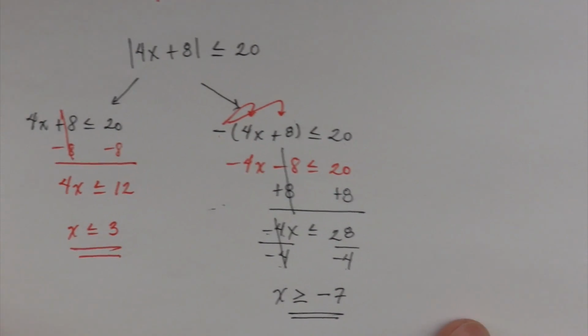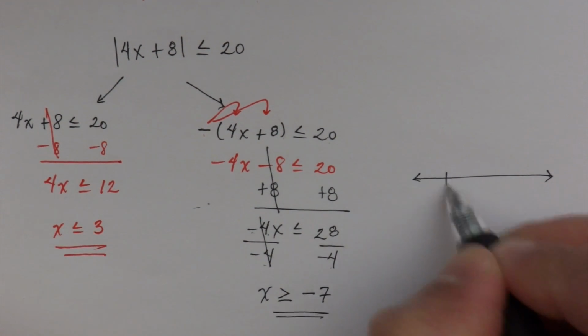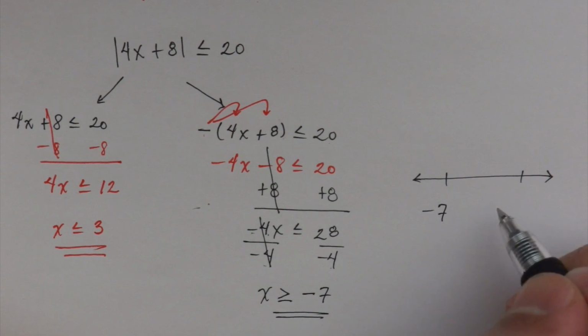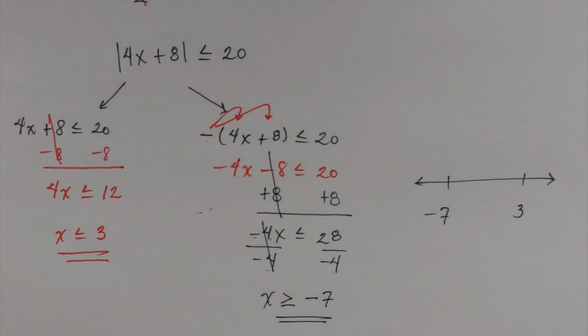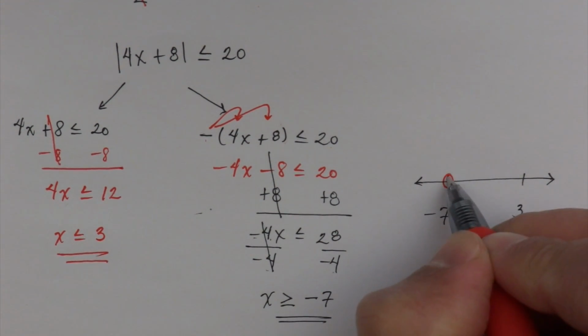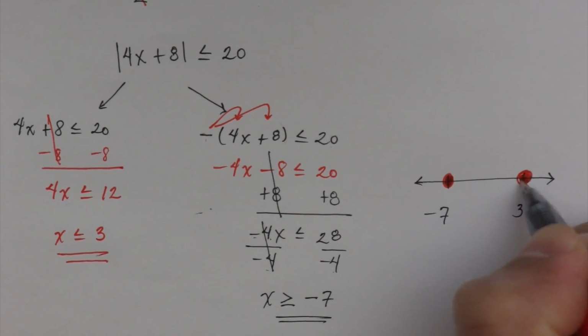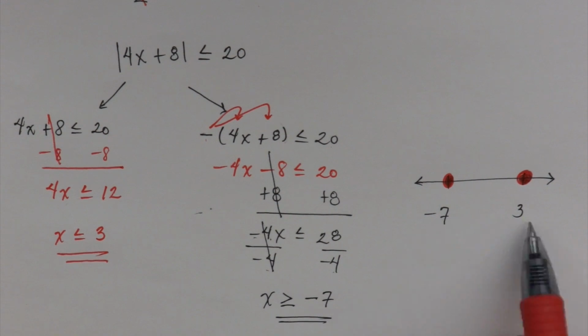Now let's go ahead and do our number line, or I should say graph it. Remember, the smaller value always goes on the left. We read books from left to right. And you notice they have the little equal sign underneath. So we're going to bubble them in. That means we are including these numbers as solutions.